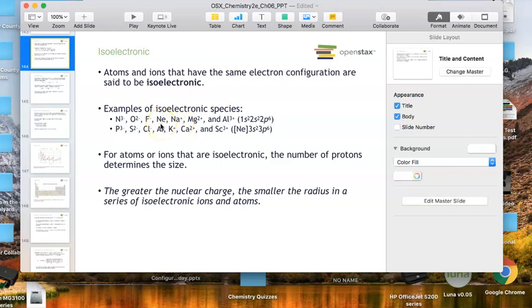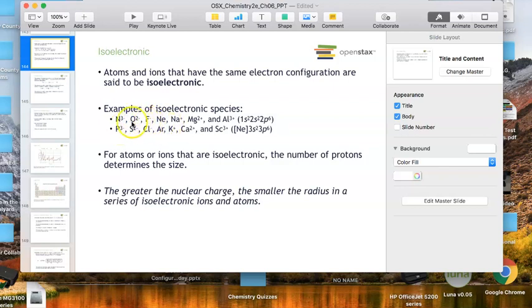And a lot of these, like group 1, group 2, group 3 elements, form +1, +2, +3 ions because they have and want the same electron configuration as their nearest noble gas, which is neon.